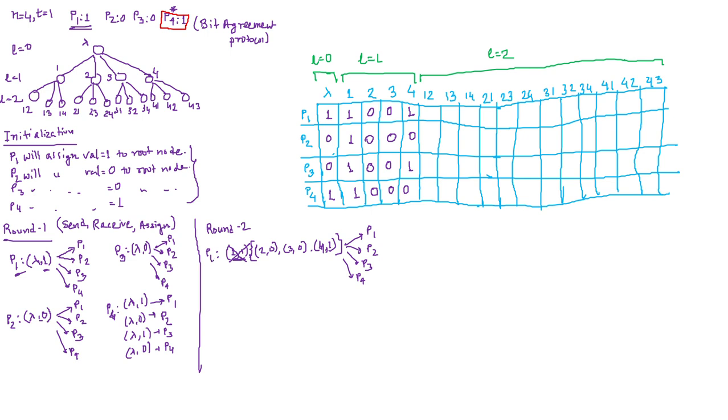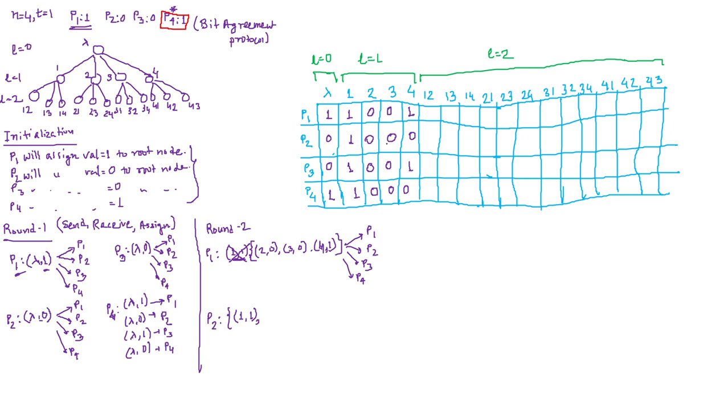Okay, P1 has sent these 3 values to all the parties. What about P2? Similarly, P2 will have information value 1 at label 1 or tag 1, value 0 at tag 2, but since the tag 2 contains its own party ID, it will not send that information.